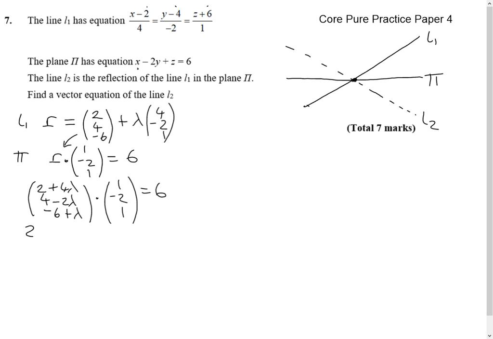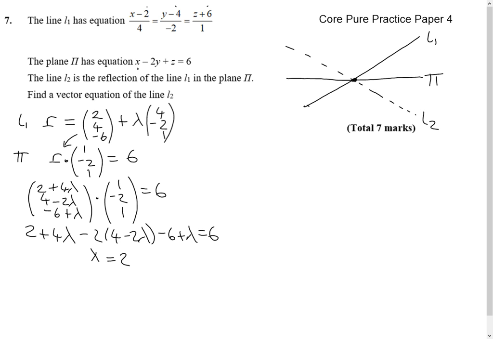Then multiply it all out, work out the dot product, and if you rearrange and solve, you should get that lambda is 2.